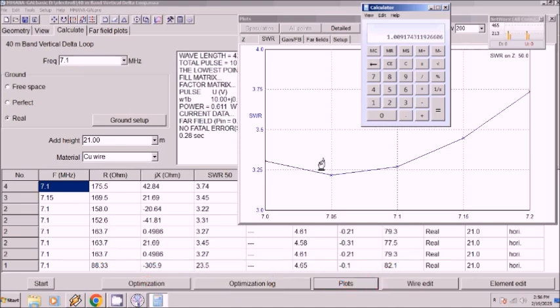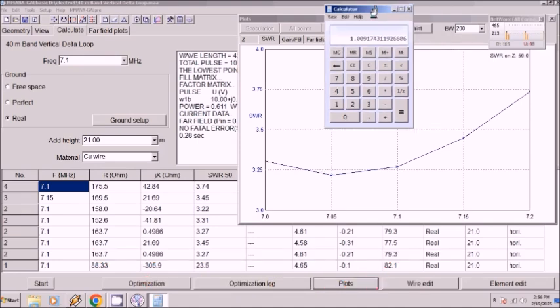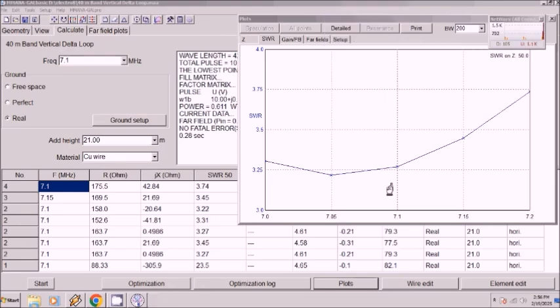Still very low SWR, and I believe also at 7.1 and at the edge of the 40 meters band, at 7.2 megahertz, the SWR is 3.7. Let's check the SWR after the impedance transformer.